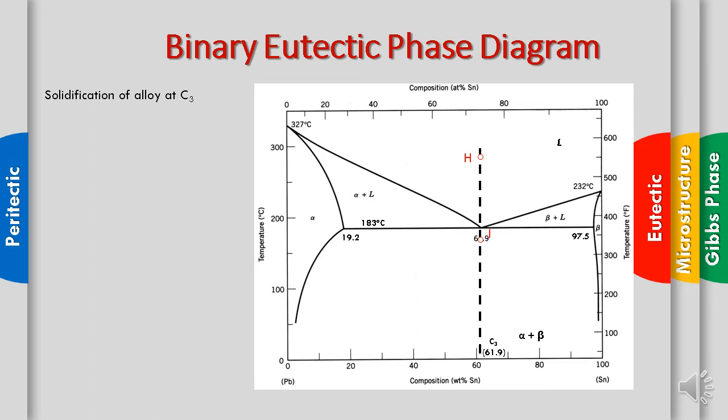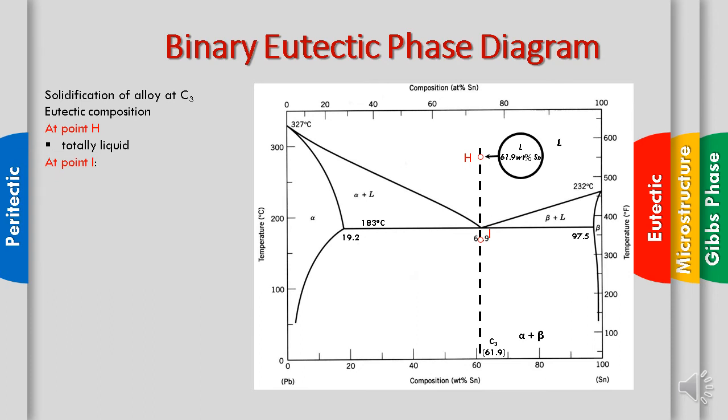So solidification takes place at state C3, and at point H, maybe we can explain the liquid composition of 91.6 weight percent of tin, and is totally liquid.